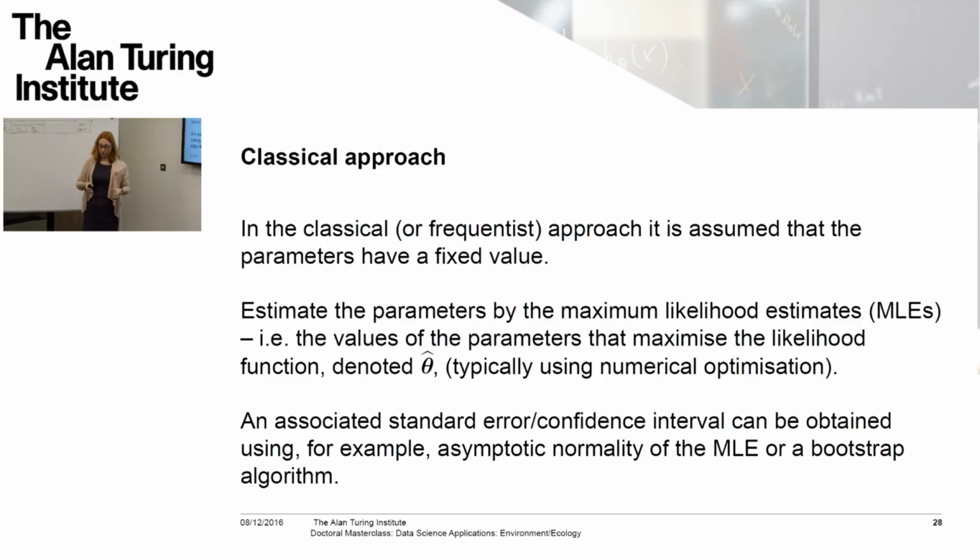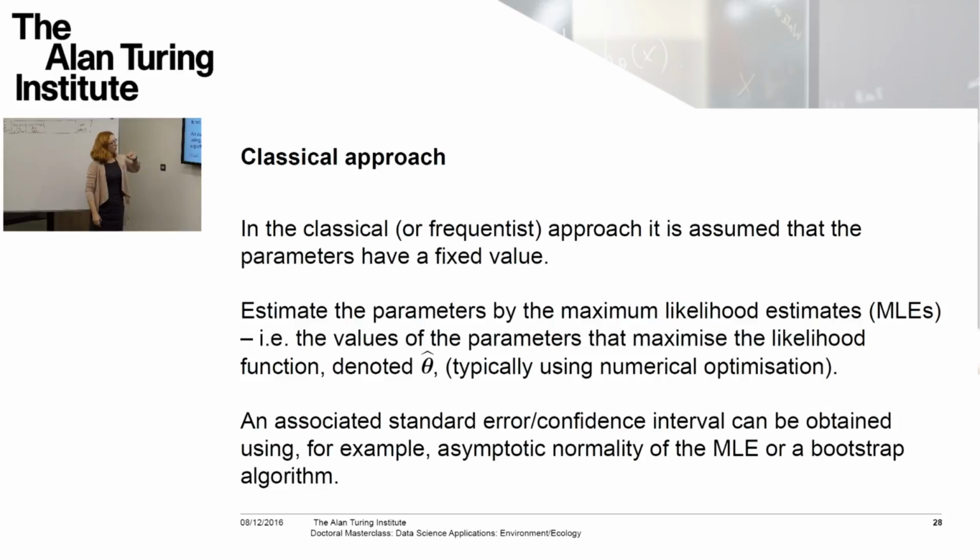We have our likelihood function, we substitute in the data values, and then we maximize that function with respect to the parameters. Typically that's called the MLEs, and we typically have some associated error with those estimates, because they're only estimates of the parameters. We don't know them exactly. That's what we want to know. We can only estimate them because we've got the data, and then we have some error. So we reduce it to a numerical optimization problem.